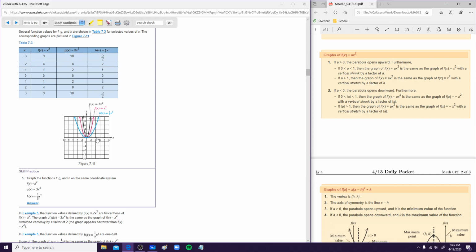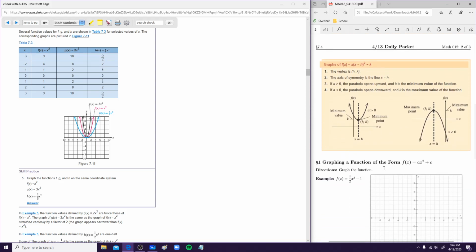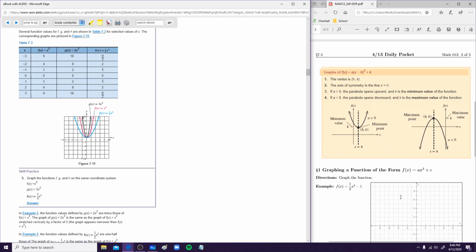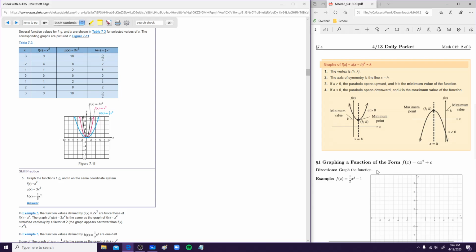When it stretches, that means the graph just gets skinnier. And then for h, a is 1/2, which is between 0 and 1, so it's a vertical shrink. A vertical shrink just means the graph gets wider, as you can see from these graphs.